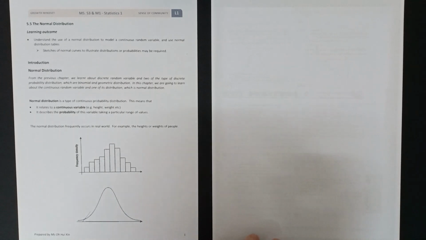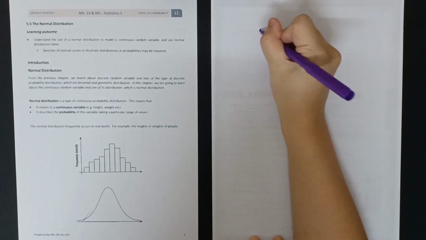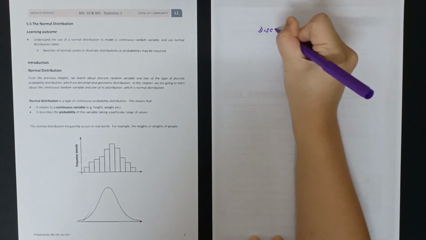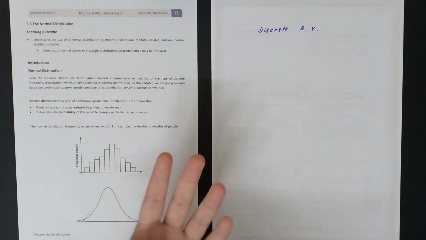Before we move into the chapter, for chapter 4 you learned about discrete random variables. A discrete random variable is a random variable that can take on certain values. Normally we talk about x equals 1, 2, 3, 4, 5 and so on.